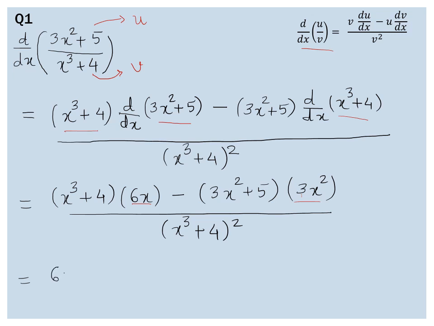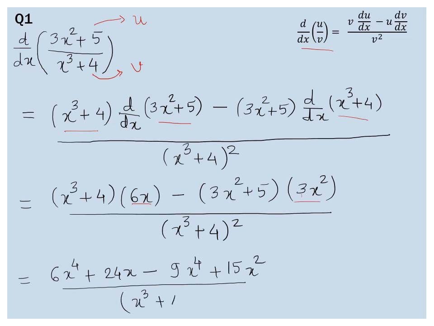So it is 6x to the power 4 plus 6 4s are 24x, minus this 3x square multiplied to 3x square plus 5. So 3 into 3 is 9, x square into x square is x to the power 4, plus 5 into 3 is 15 and into x square. This whole divided by x cube plus 4 whole square.